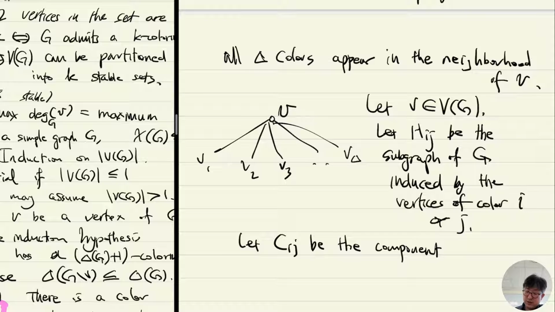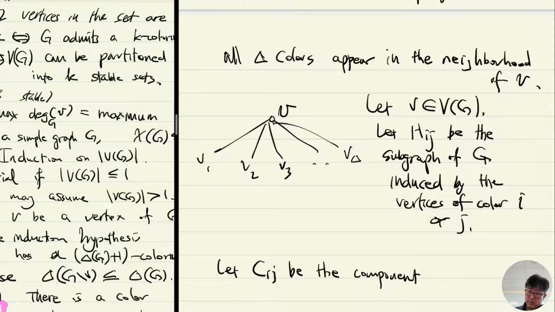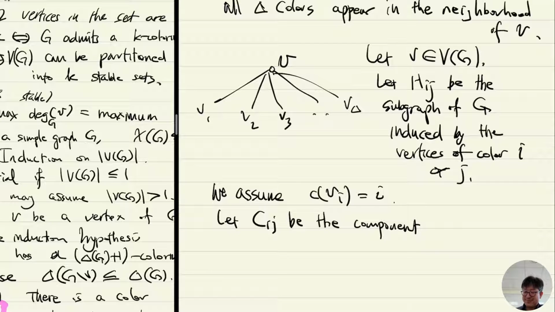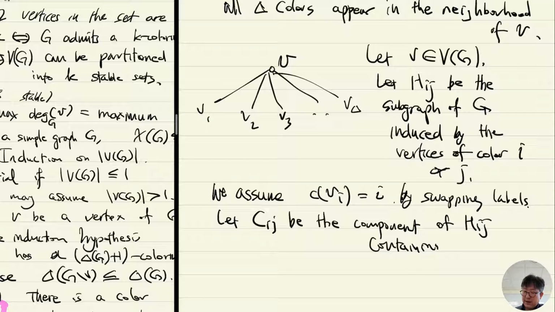Let's assume the color of Vi is i, by swapping labels maybe, and let Cij be the component of Hij containing Vi.